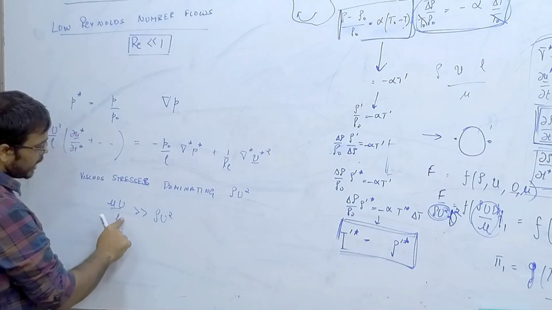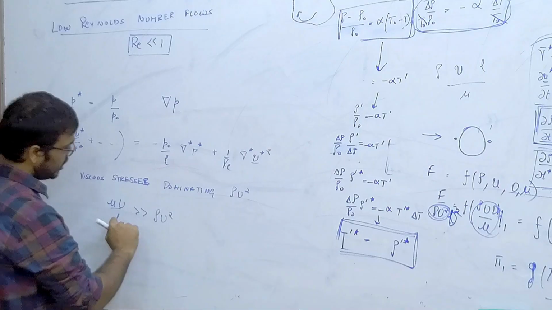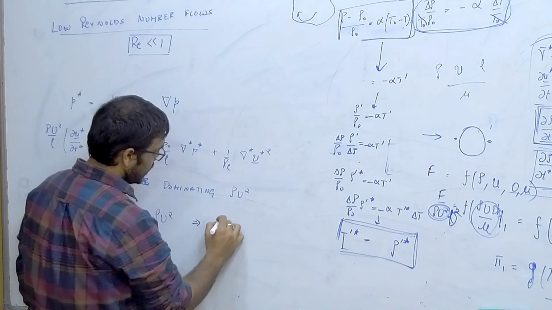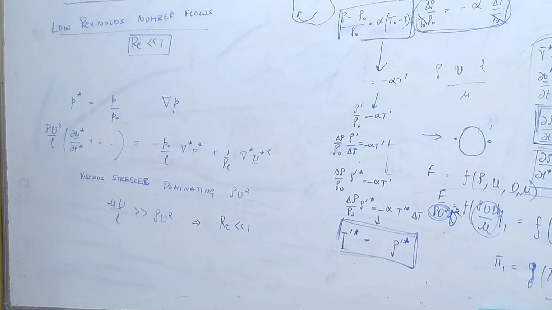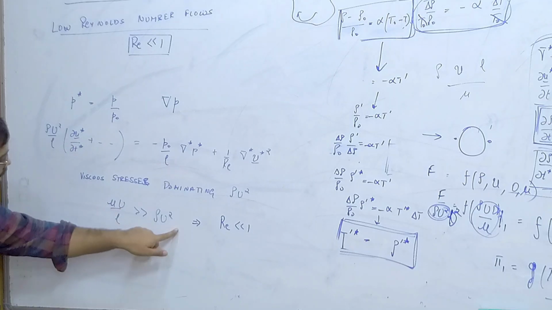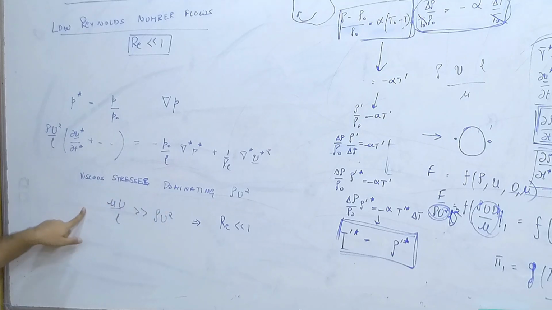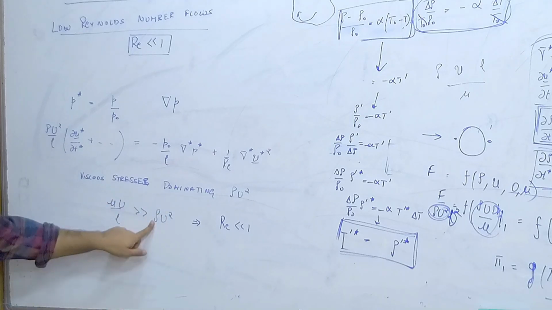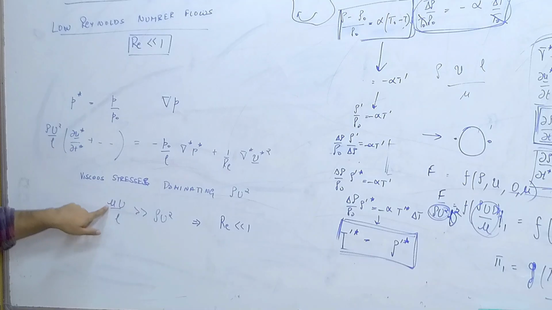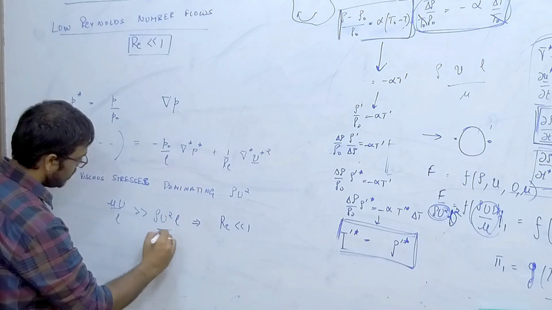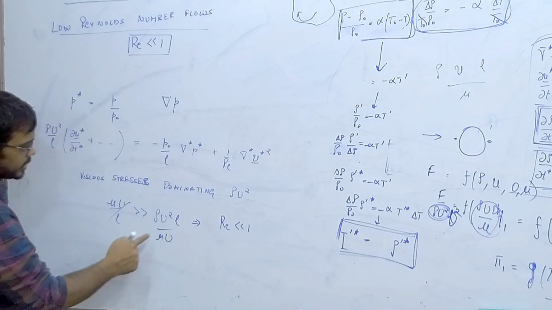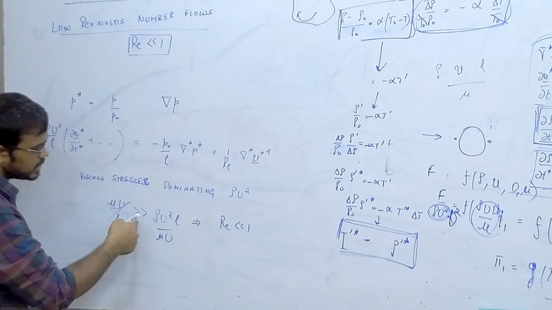You can multiply the whole thing by L by mu u, and you will get the statement of Re much less than 1. These scales u, L and mu are related in this fashion, that rho u square will be a very small quantity compared to mu u by L.